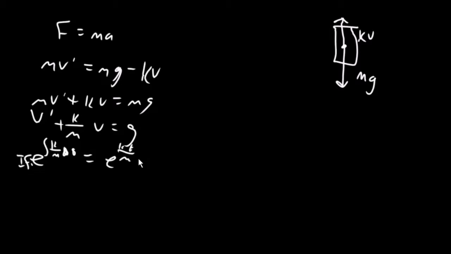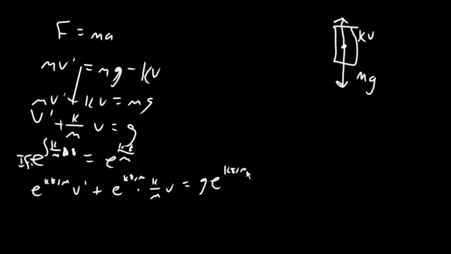And so right after this, we're going to multiply everything by e to the kt over m. And so e to the kt over m times v prime plus e to the kt over m times k over m v is equal to g e to the kt over m.